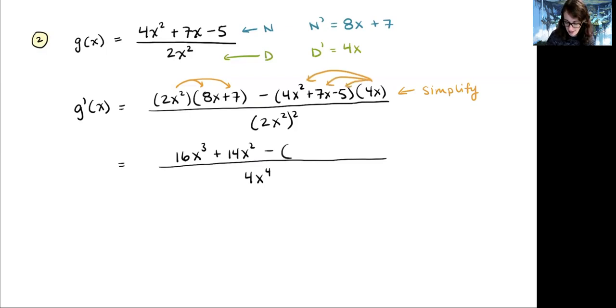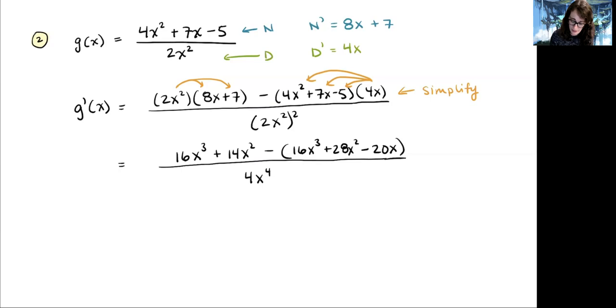Sorry, it might not be a bad idea to just leave parentheses around this first. 4x squared times 4x is 16x cubed. 7x times 4x is 28x squared. And 5 times 4x is 20x.